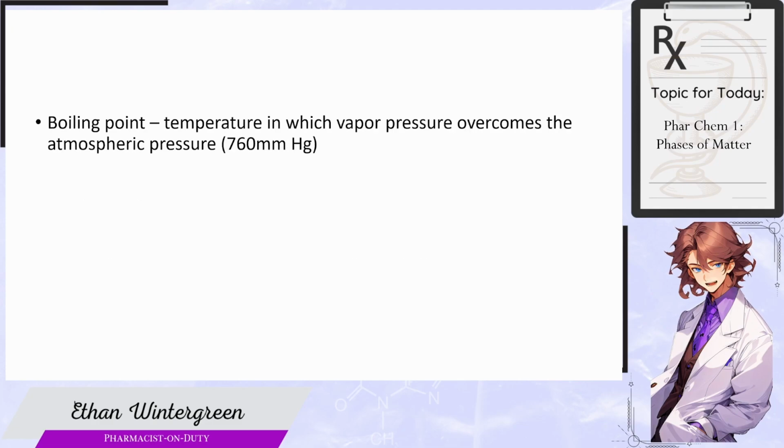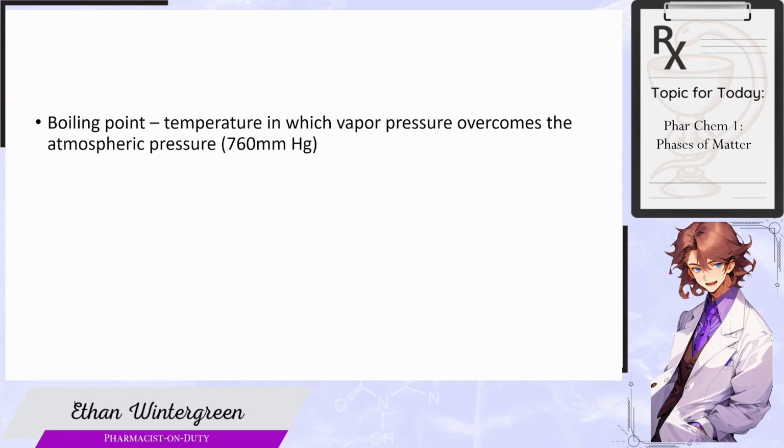The actual definition of boiling point is the temperature at which the vapor pressure of a liquid overcomes the atmospheric pressure. At sea level, that is 760 millimeters of mercury. If you increase the heat of a liquid, you're not simply increasing kinetic energy, you're also increasing the vapor pressure of the liquid.